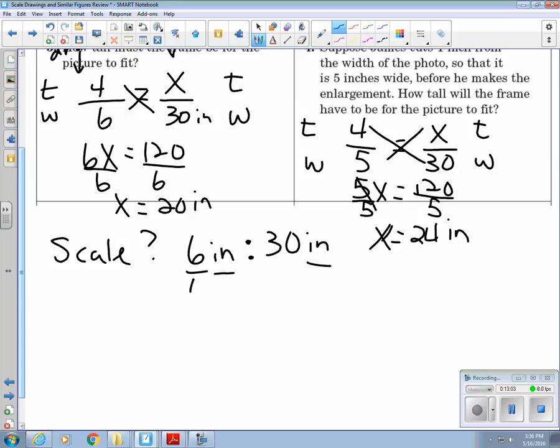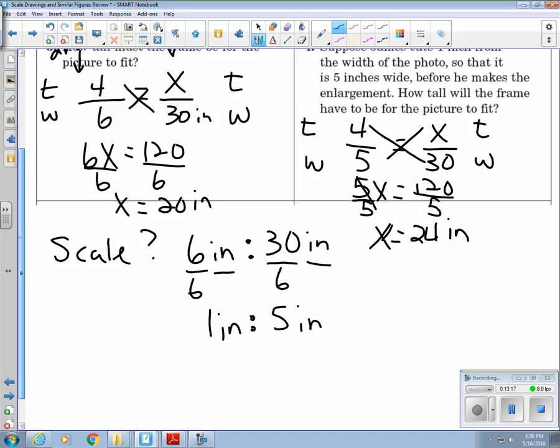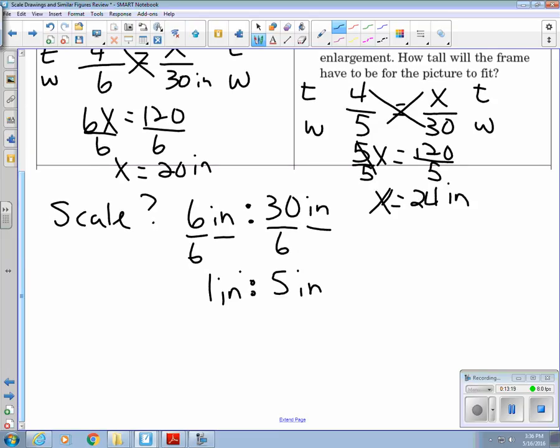I can simplify this by dividing both sides by 6, which means 1 inch is worth 5 inches. That means 1 inch on my photo is going to be worth 5 inches on the actual frame. All right, so just wanted to show you there. And then we would get rid of these inches and just have 1 to 5, which basically means 1 unit on the photo is worth the 5 of those same units on the actual.